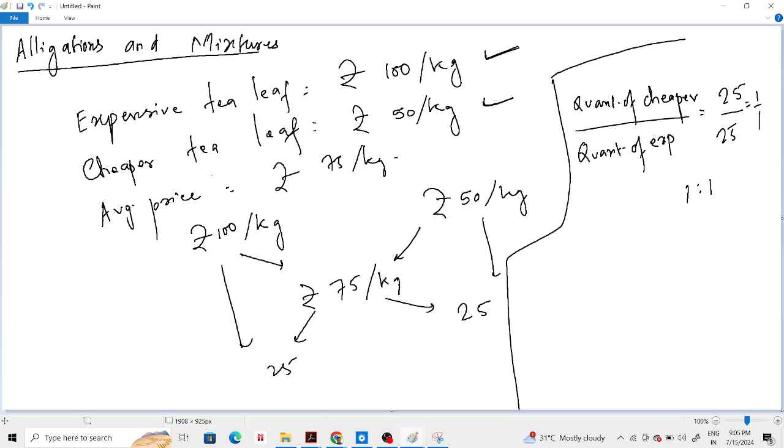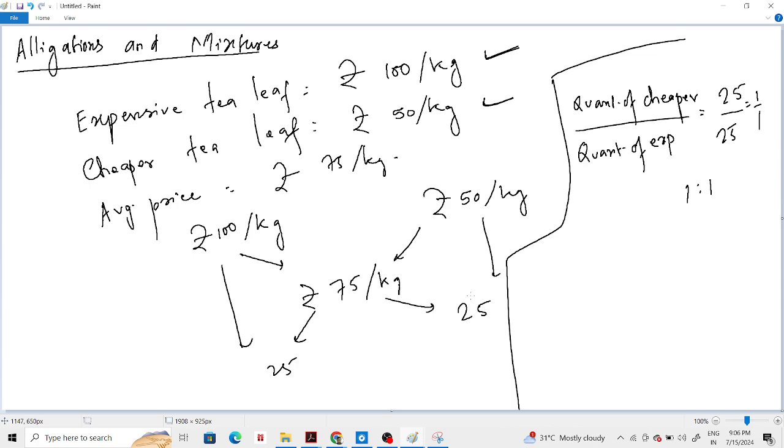Okay, so what we are doing, see this is the type of sum that we get in alligation. How will you understand that the sum is of alligation type? There will be two grades of material given. Okay, one should be expensive and the other is cheaper. Two types of ingredients are given, and their prices will be given.